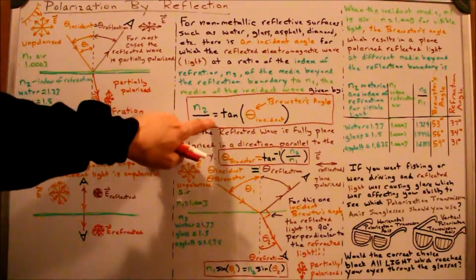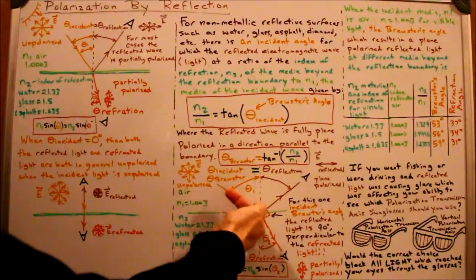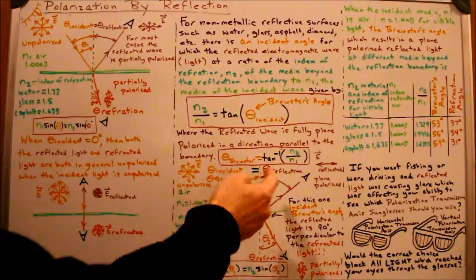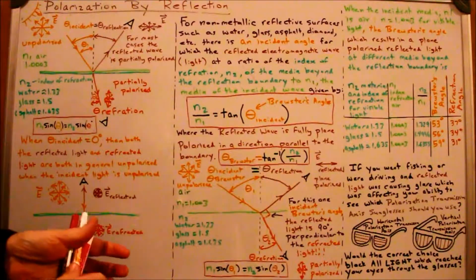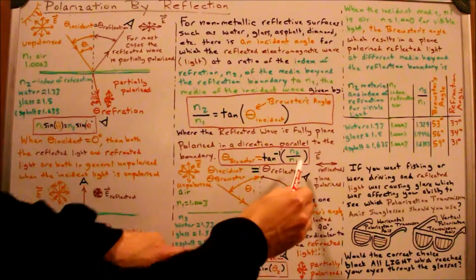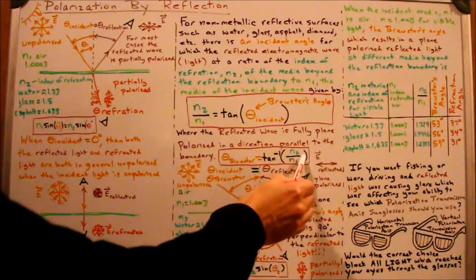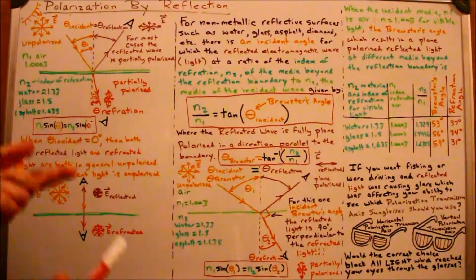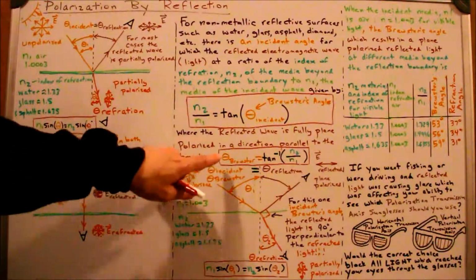If it solves this relation, where that ratio equals the tangent of the angle, then to find that angle, it would be the inverse tangent of the index of refraction of what it reflects off of over the index of refraction of the medium it starts in. It's important that if I invert those, I get the wrong answer. So always remember N2 over N1 gives this Brewster angle.